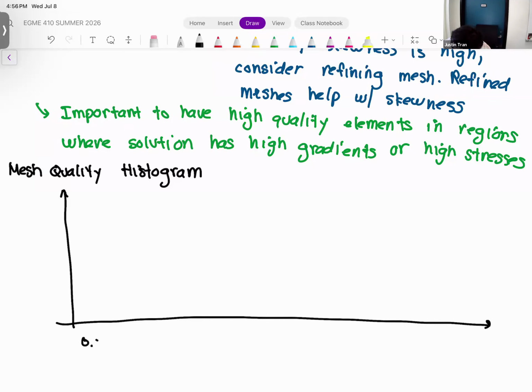So maybe you'll have skewness between 0.0 and 0.1, 0.1 and 0.2, 0.2 and 0.3, 0.3 and 0.4, okay, and so on. And then what ANSYS is going to show you is a bar chart which shows you, relatively, how many elements fit into that bin of mesh quality or skewness.